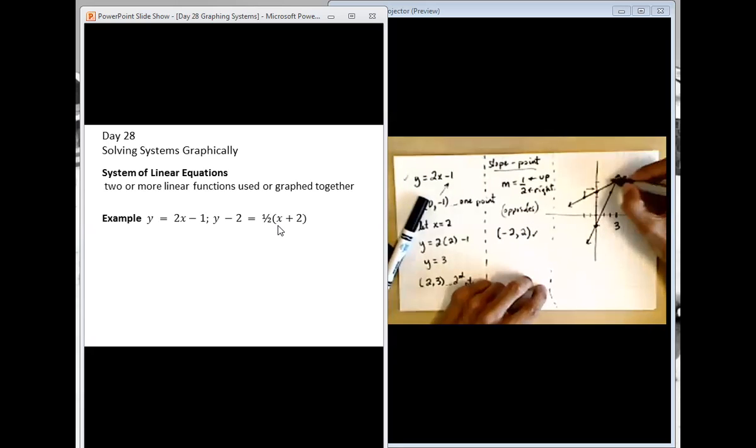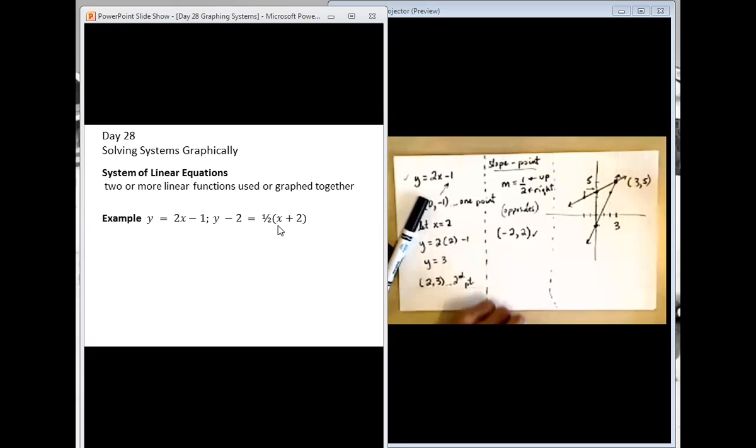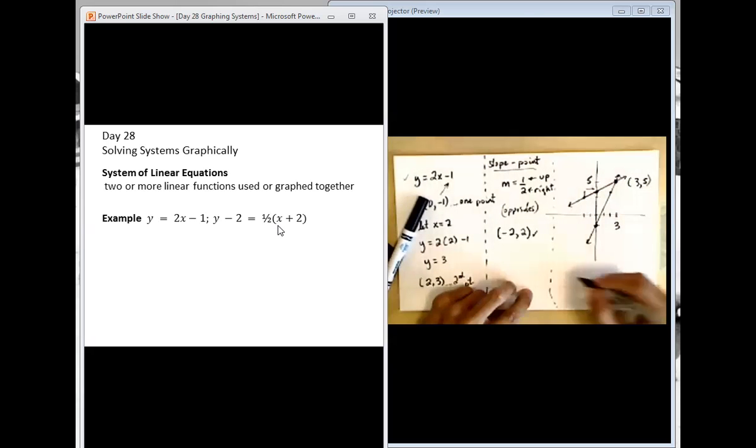If this was done on graph paper properly and correctly, you would see this location here would be at the point 3, 5. Okay, so that's where these two lines are crossing. That's the sweet spot we want. So we write this at the end. The solution is 3, 5.